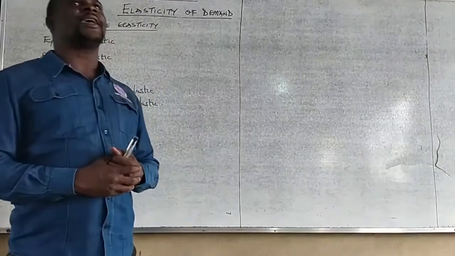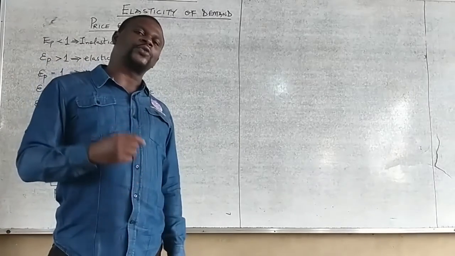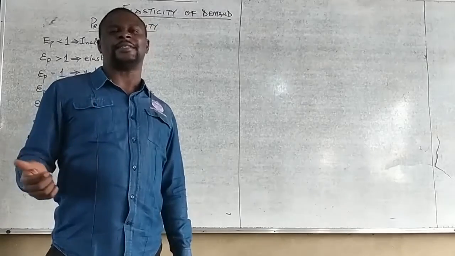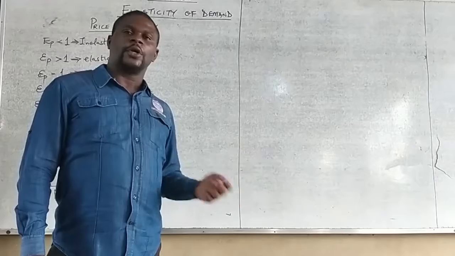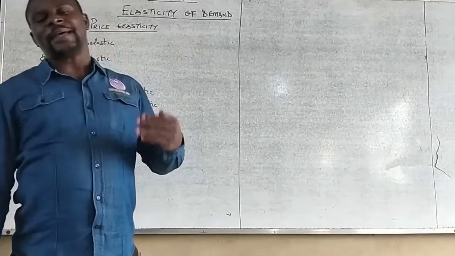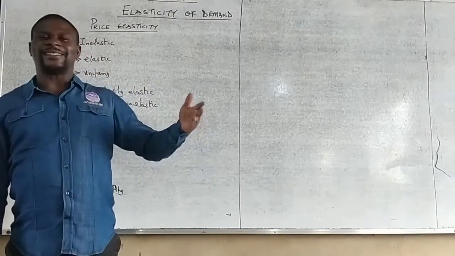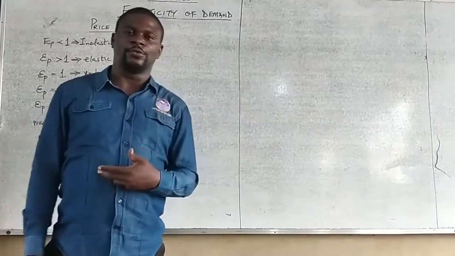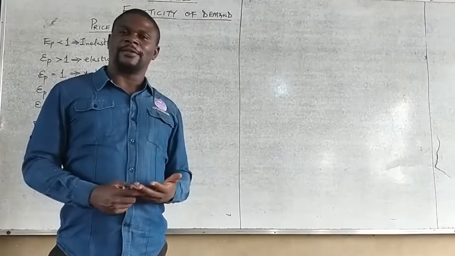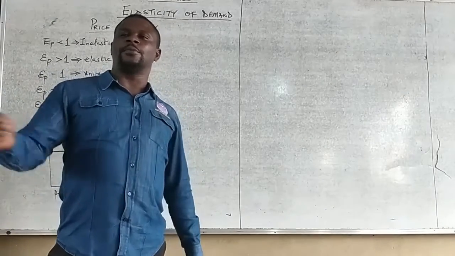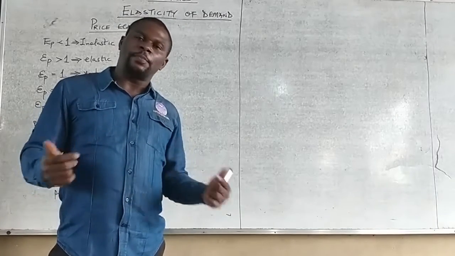For example, let's take sweet. If you want to buy sweet, most of the time you don't likely ask for the price. You might just say, oh, give me 2 sweets there. How much? Why? Because what determines the number of sweets you buy is not the price, it's the number of sweets you are willing to take. Or let's say you want to buy pure water. Most of the time you might just say, oh, give me 2 pure water, give me 3 pure water, depending on how many pure water you need.